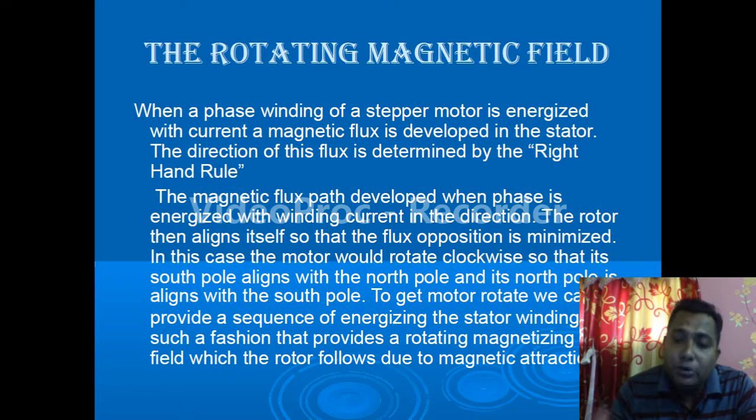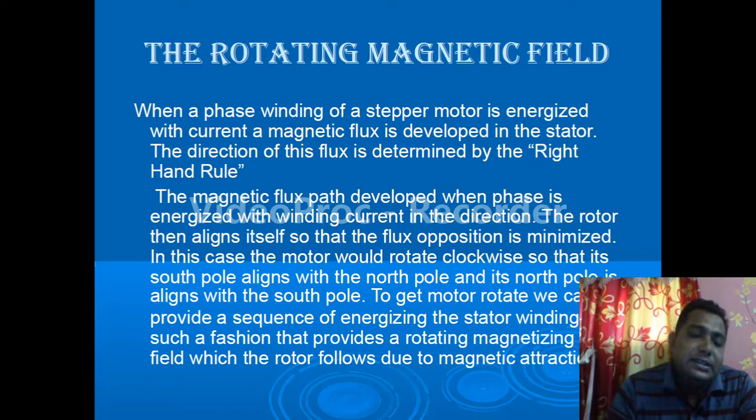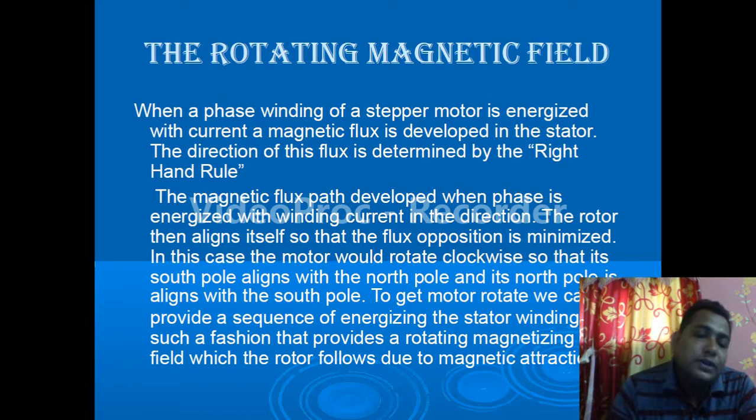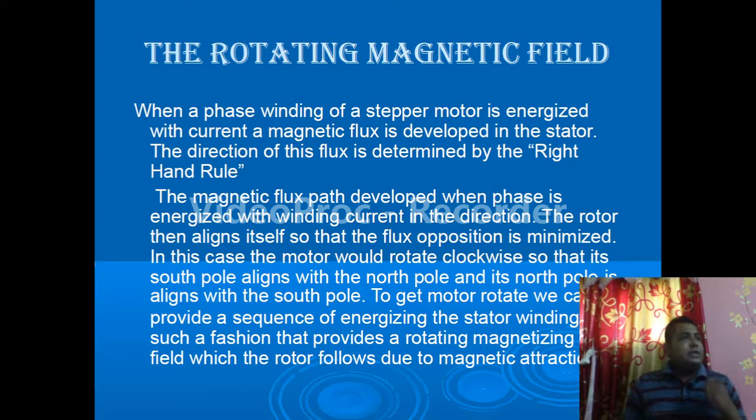To get the motor to rotate, we can provide a sequence of energizing the stator windings in such a fashion that provides a rotating magnetizing flux field, which the rotor follows due to the magnetic attraction. So the basic principle, which I am repeatedly telling you, is this magnetic attraction between the stator pole and rotor pole; that is the main fundamental of this stepper motor.